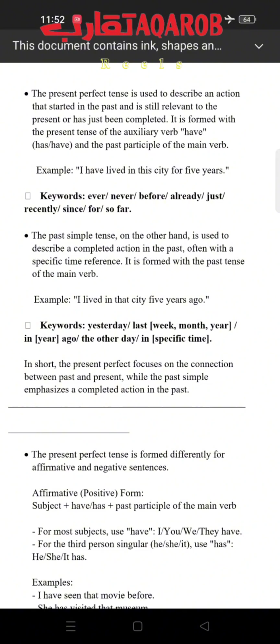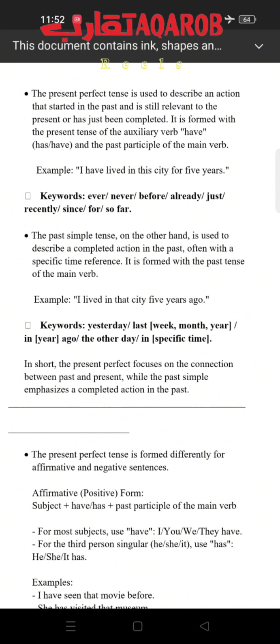The present perfect tense is used to describe an action that started in the past and is still relevant to the present, or has just been completed. It is formed with the present tense of the auxiliary verb have, has or have depending on whether the subject is singular or plural, and the past participle of the main verb.